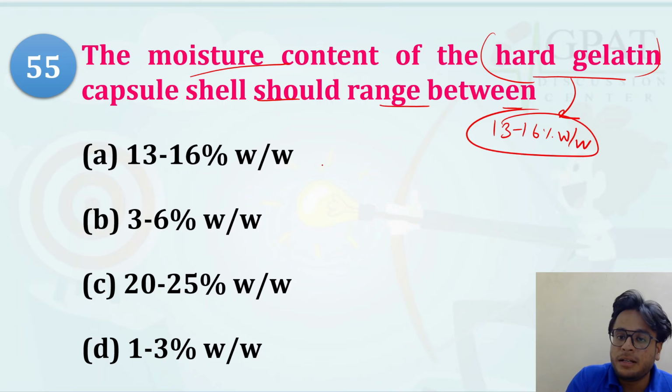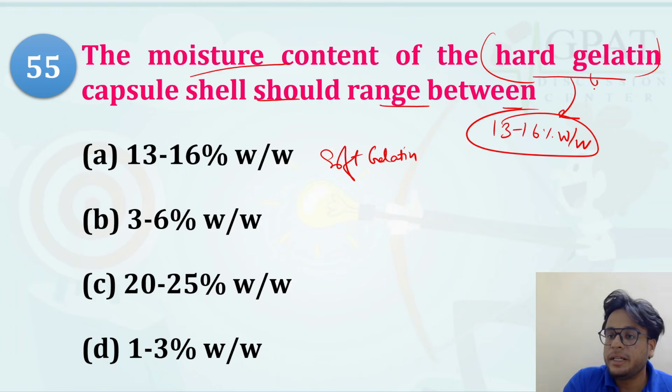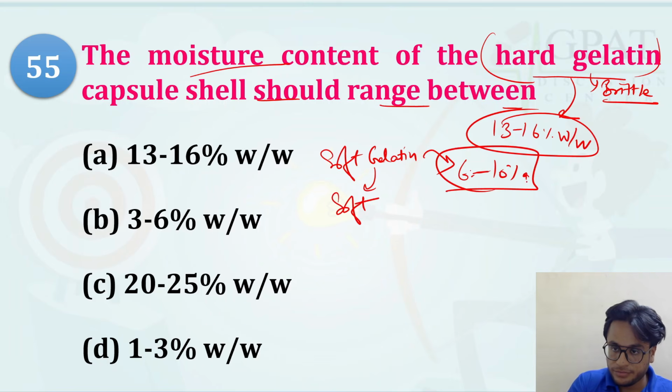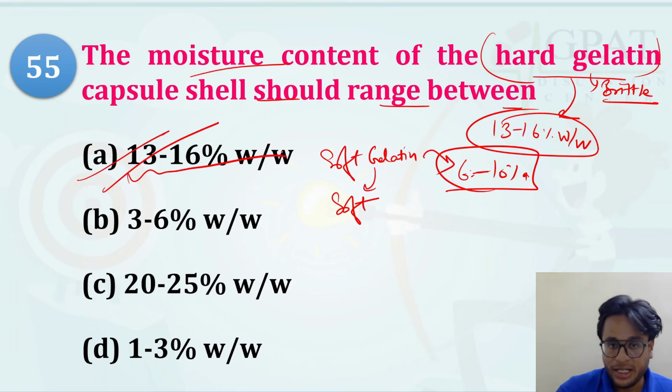But if they are asking about soft gelatin capsule, that's why they are more brittle in nature, but they are soft as their name indicates. Soft gelatin will have moisture content that should lie in between 6 to 10%. So A is going to be the correct answer because they are asking about the moisture content of that particular hard gelatin capsules.